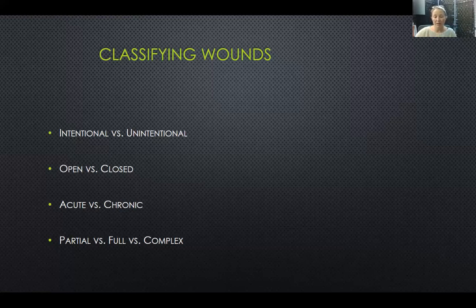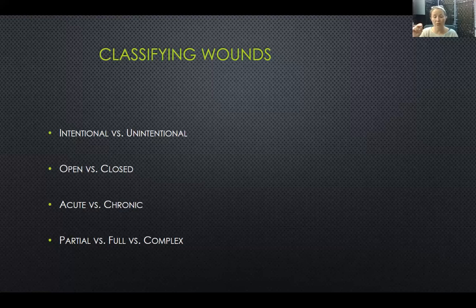Acute versus chronic. An acute injury is a new wound that typically is going to heal within days to weeks. A chronic wound is slow healing, it has an increased risk for infection, and is taking weeks to months to heal. Partial versus full versus complex. A partial injury would mean that all or part of that dermis is intact.